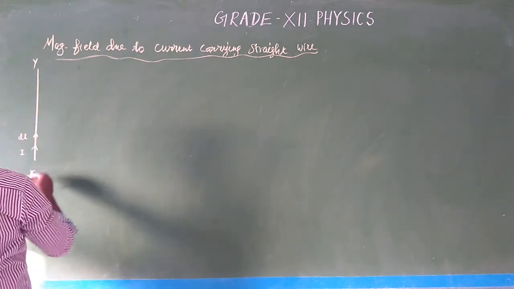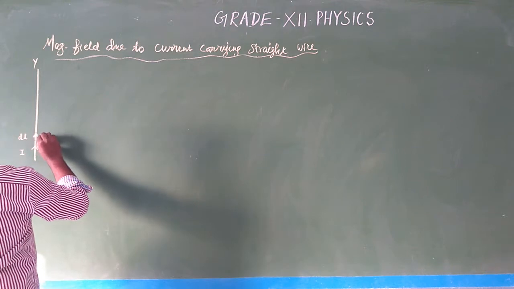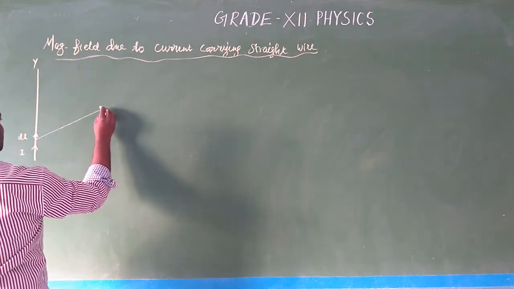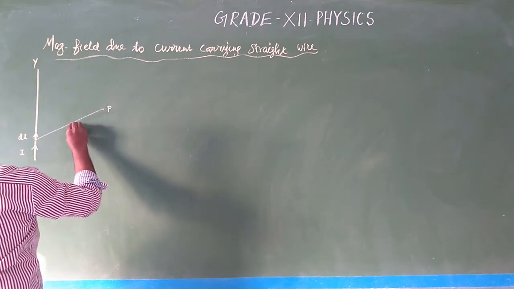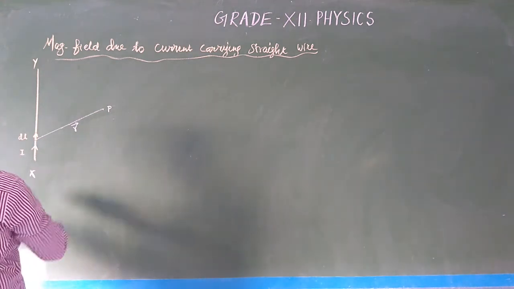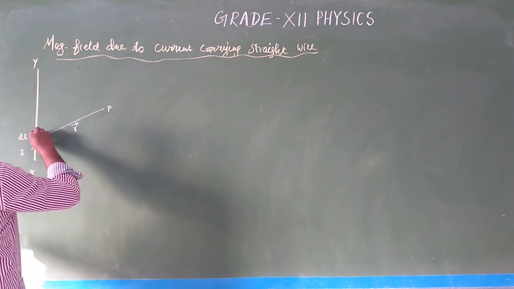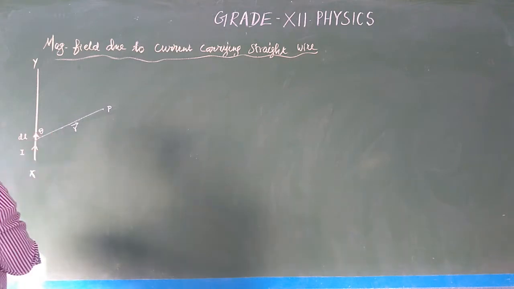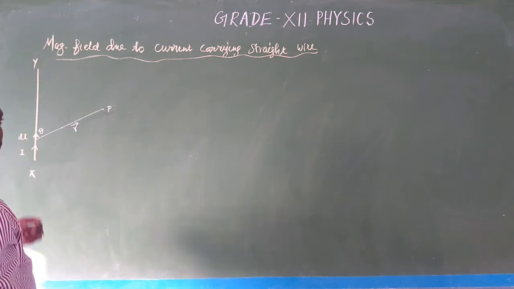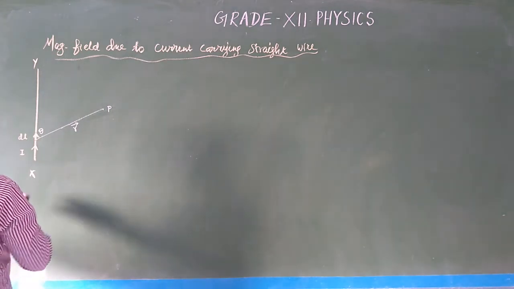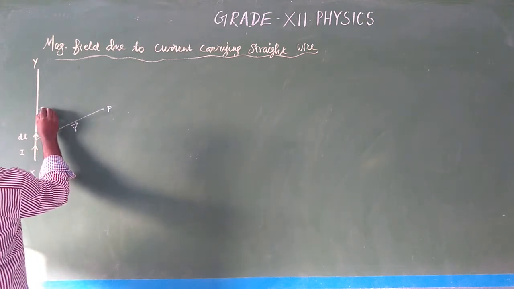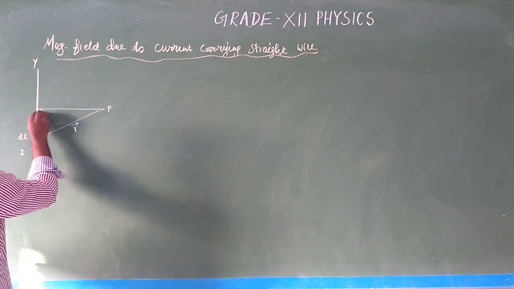This current element is located at a point P with position vector r vector, making an angle theta. So theta is the angle between the current element and the point at which the magnetic field is determined for a straight wire. And from the center of the conductor, this point is located at right angle.